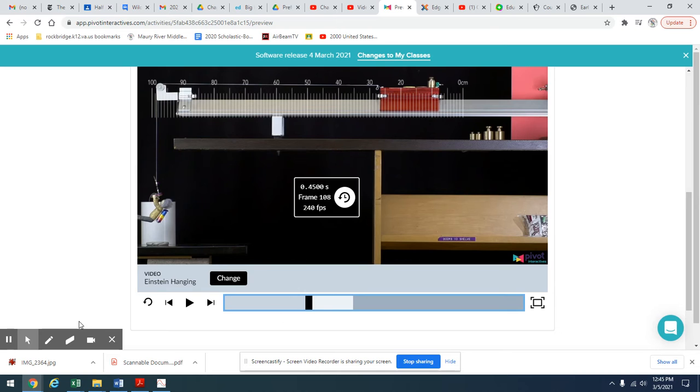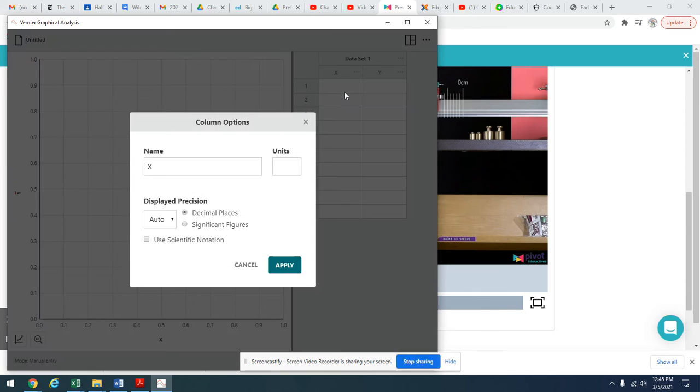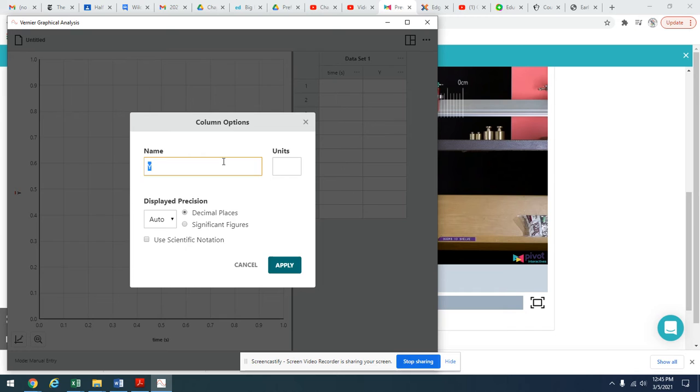Okay, I'm going to go to graphical analysis and got a new experiment here ready to go. I would like to do time here in seconds. And I would like to do position here in meters.